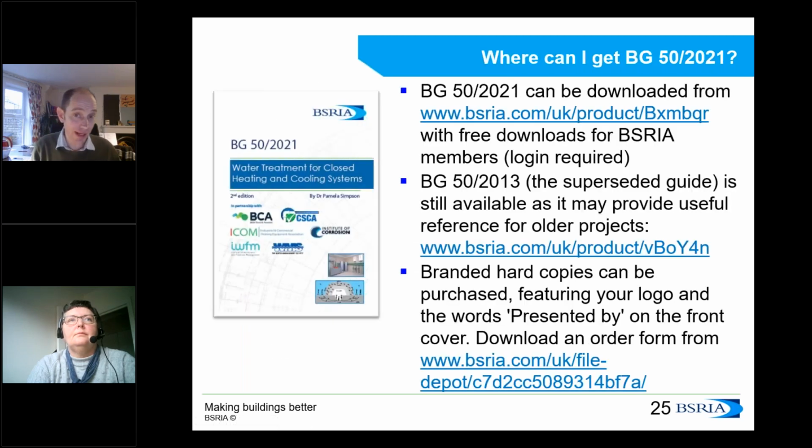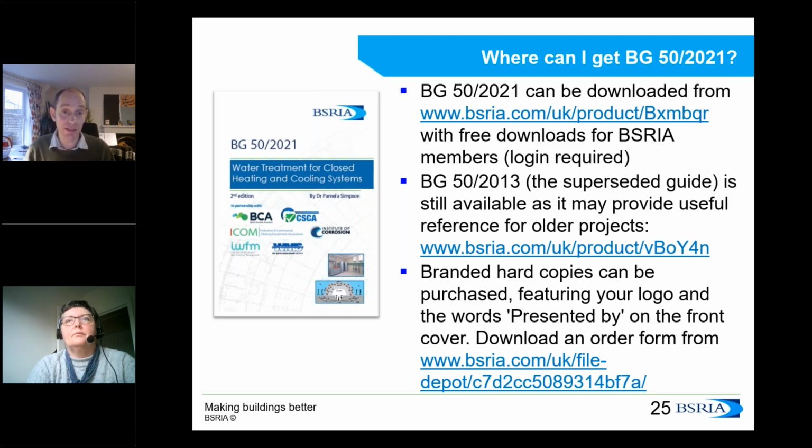So if you don't already have a copy of BG50, you can get it from the BSRIA website. If you're a BSRIA member, you can get that for free. The previous edition, BG50 2013, which is now superseded, is still available because that may be useful for older projects, and I've given you a web link for that again.